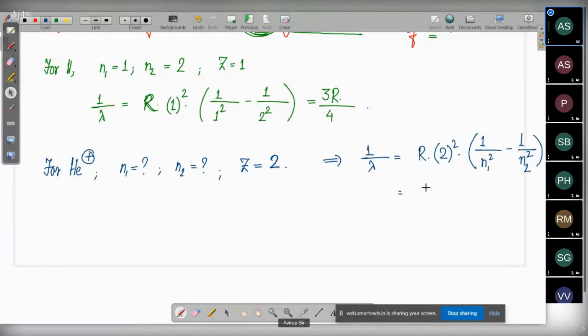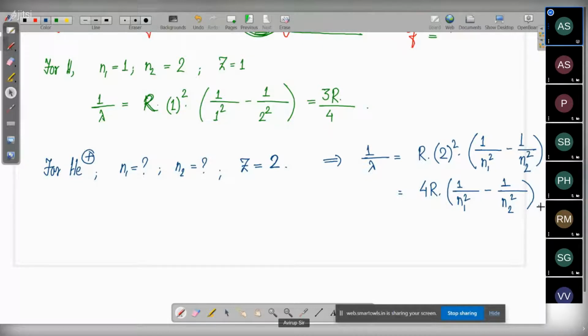So that is equal to 4R into 1 by n1 square minus 1 by n2 square. Okay, so that's it. We have got these two equations.